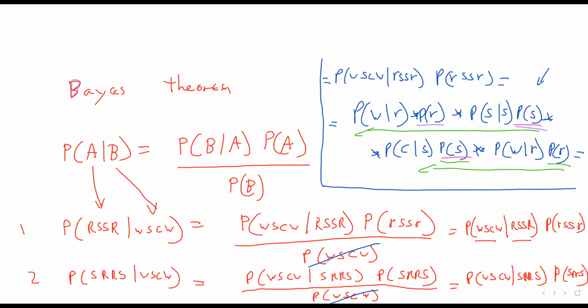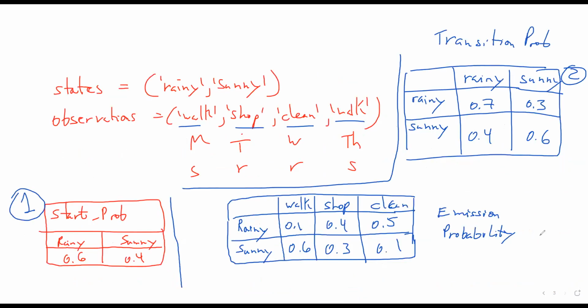So we have to do it for every single one, okay? And then we're gonna pick the one that has the highest value, okay? Got it, guys? Is this making sense? All right, so that's the formulation of the problem right there. So we're done with the formulation of the problem.